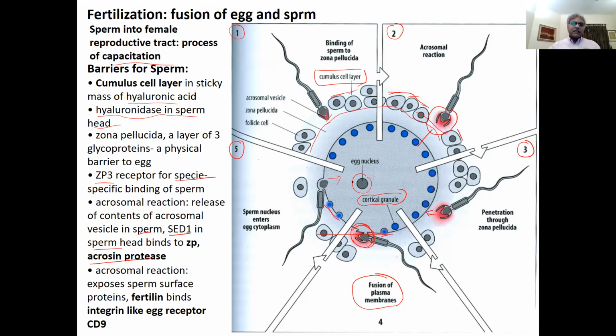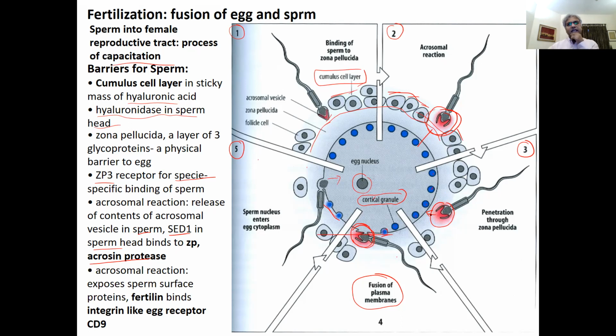So after the acrosomal reaction, you saw that the sperm surface proteins get exposed, which is basically the acrosomal reaction. All the sperm proteins and whatever is present in the acrosomal vesicle get exposed.